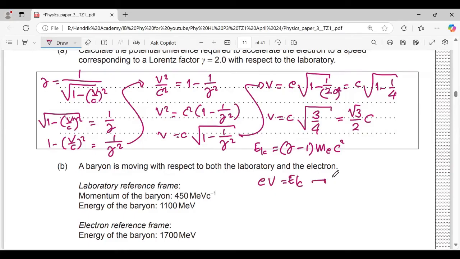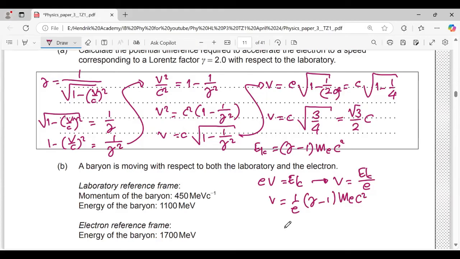So the implication is phi equals kinetic energy over e. So the kinetic energy is this one, so phi equals 1 over e times (gamma minus 1) m_e c squared.